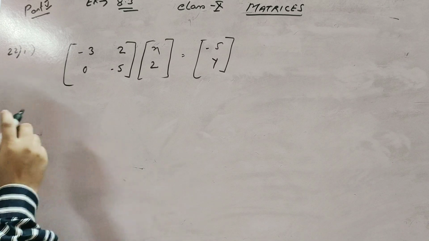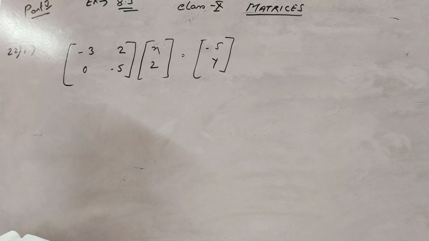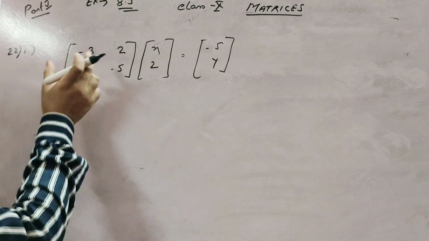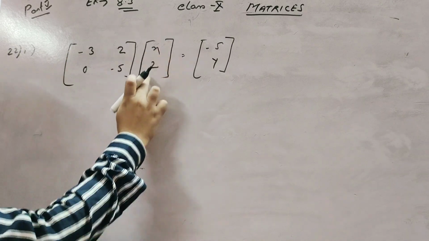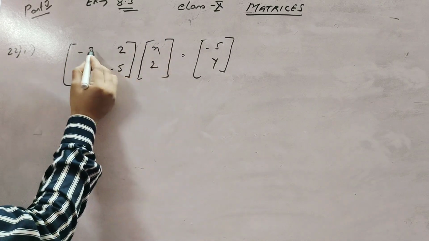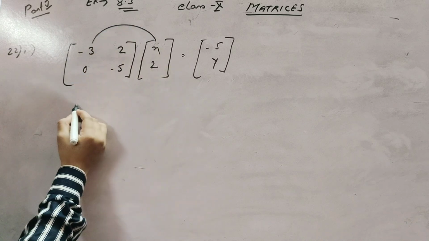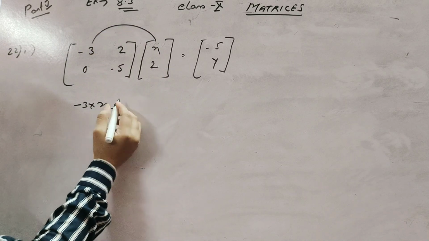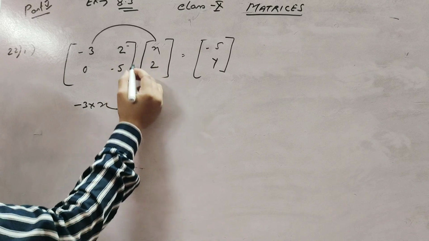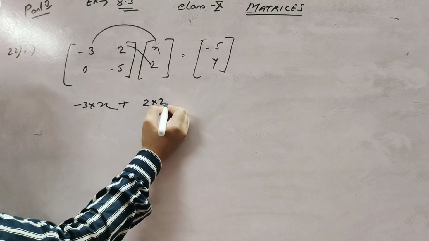Okay, so first of all we know the rules of the multiplication of two matrices, that is row into column. But you see that here there is only one column, so row into column means -3 into x plus 2 into 2. Done.